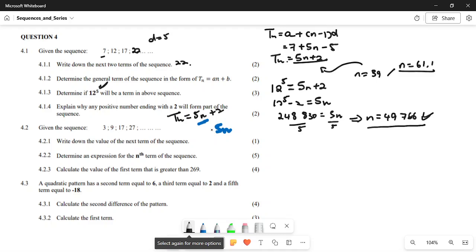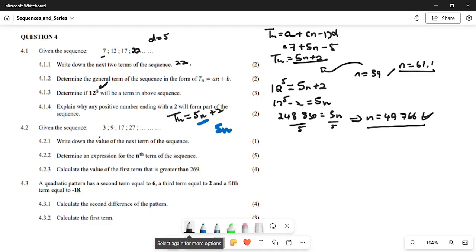I'm really interested to hear how you would answer this question, so please send through your answers for question 4.1.4 in the comment section. Why is it that any positive number ending with a 2 will form part of the sequence? I've shared mine.